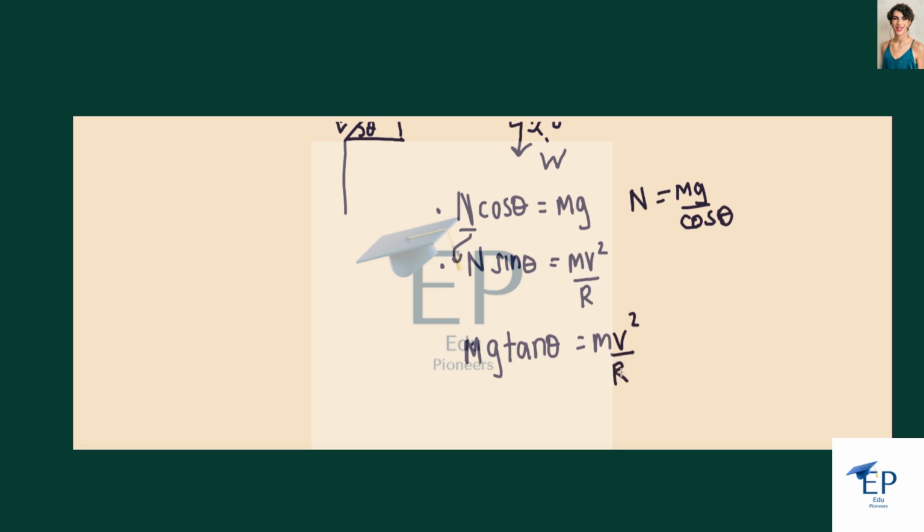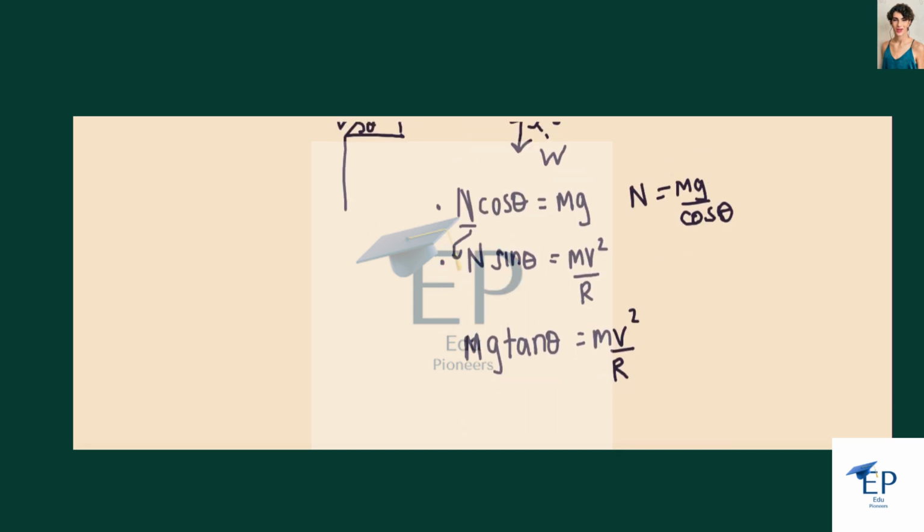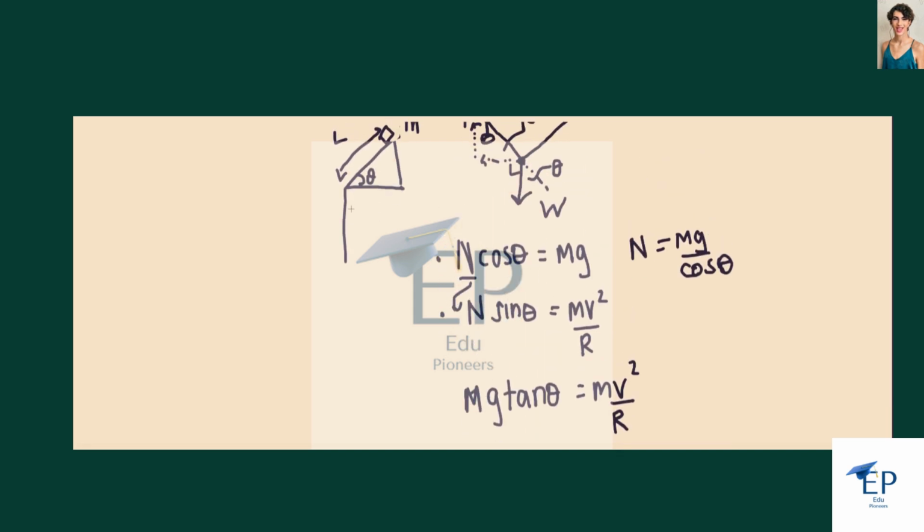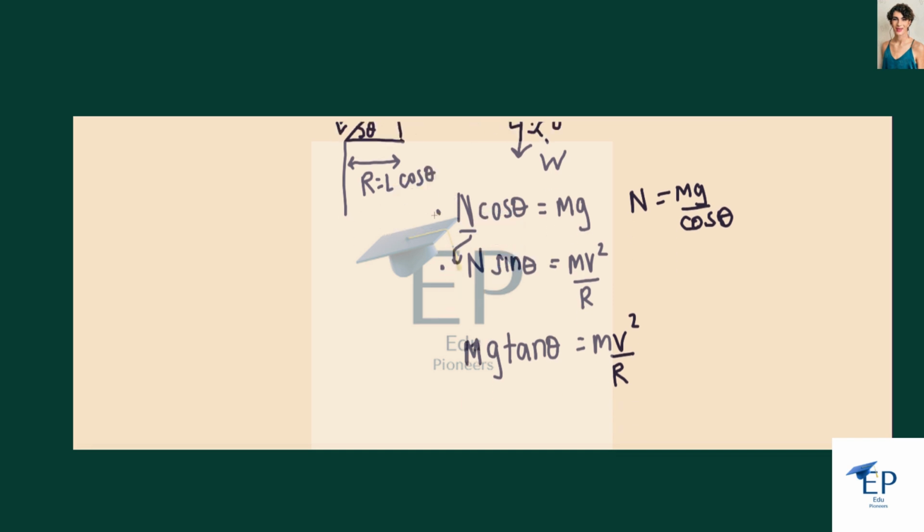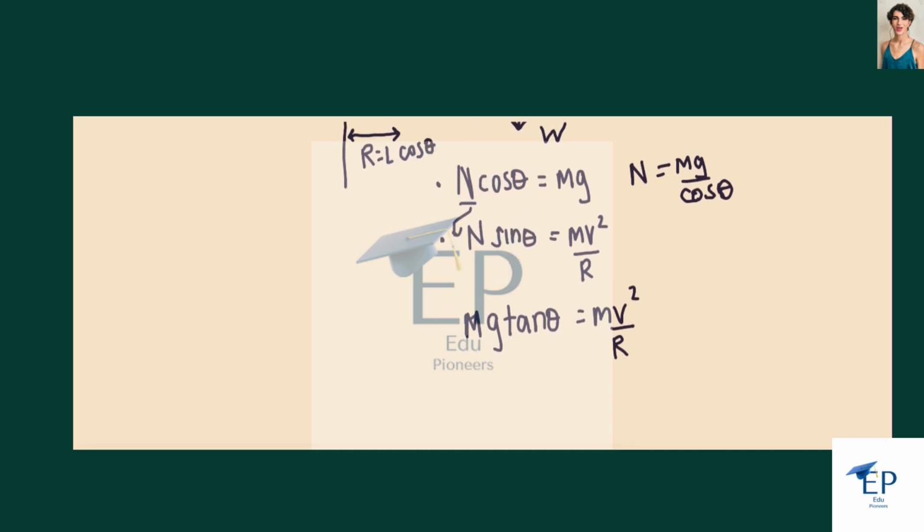And what is this r that I refer to? R is the distance between here and here, so r is going to be equal to L cosine theta. I'm going to leave this as sine theta over cosine theta because I anticipate cancellation.